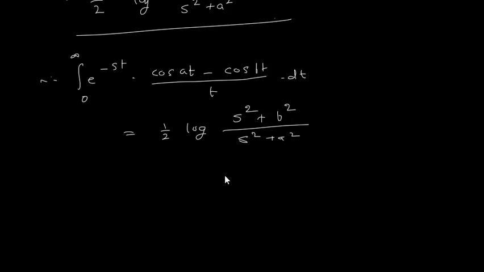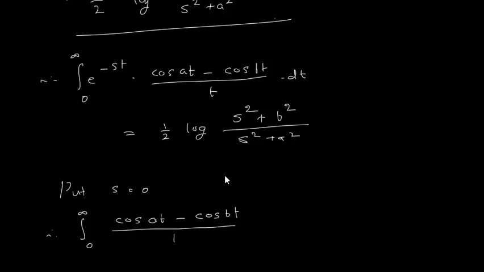Now in our question, e power minus st is not there, so I will put s equals to 0. Therefore I will get integral 0 to infinity (cos at minus cos bt) whole divided by t into dt, putting s equals to 0, which gives 1 by 2 log of b square divided by a square.